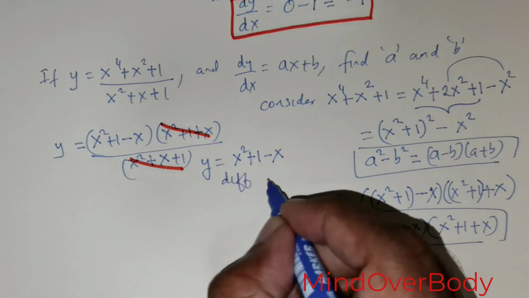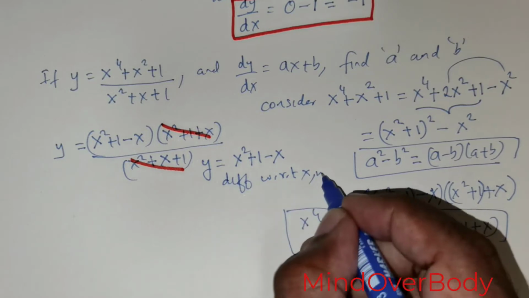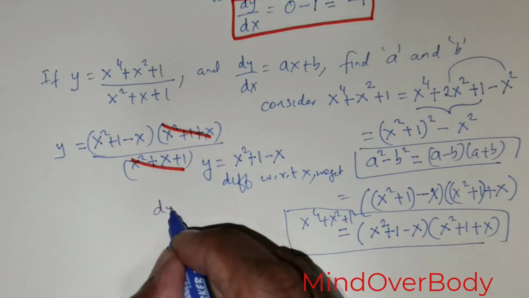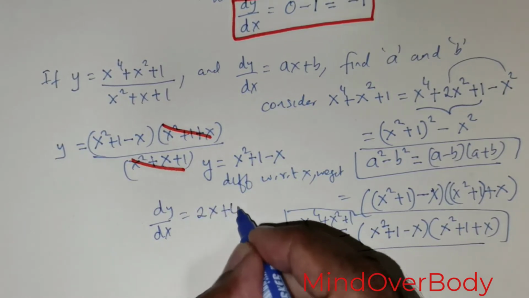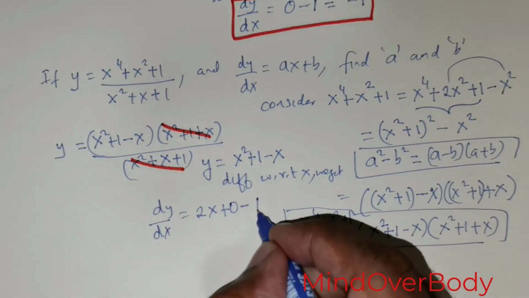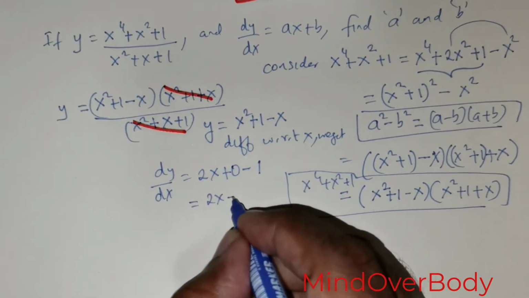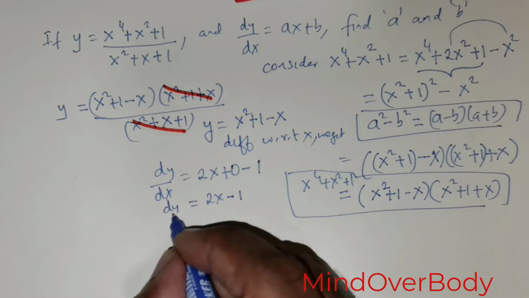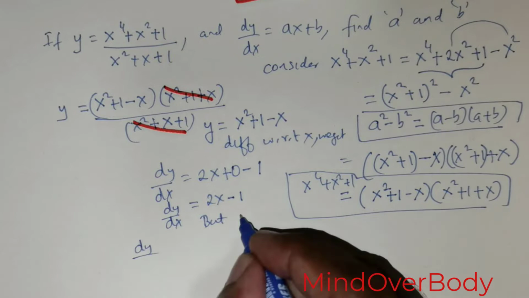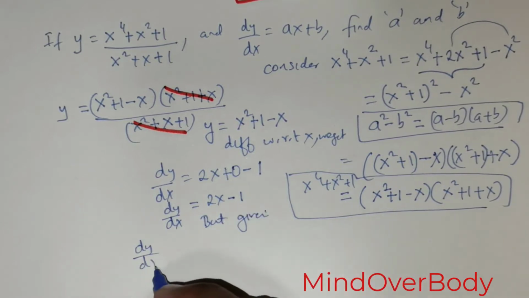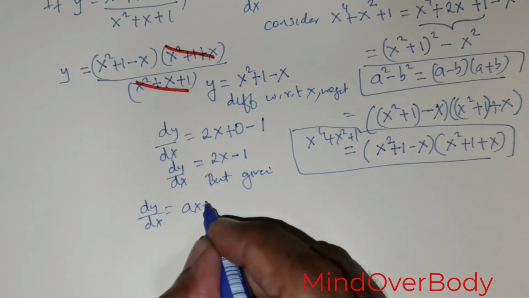Now differentiating with respect to x, what do you get? dy over dx is equal to the differential of x squared, which is 2x, differential of 1 is 0, differentiation of x is 1, there is a negative sign, so we will retain it. So this is going to be 2x - 1, and this is dy over dx. But what we are given is that dy over dx is ax + b.